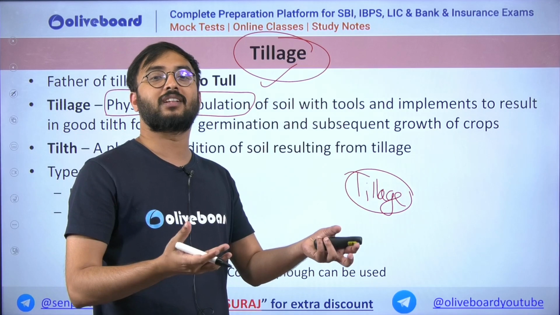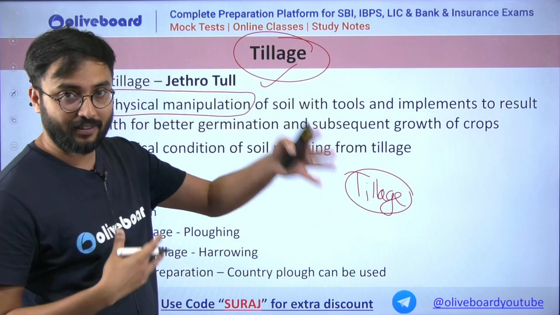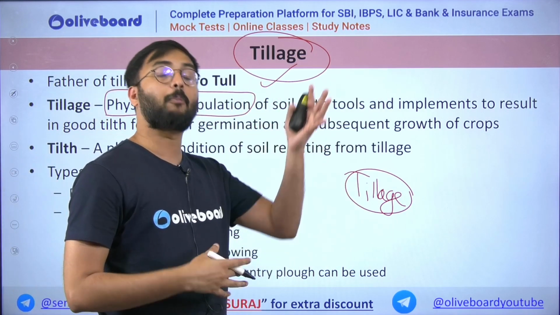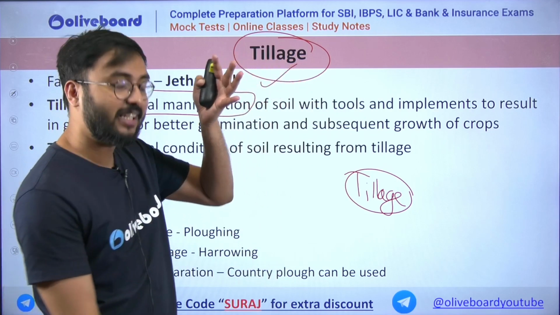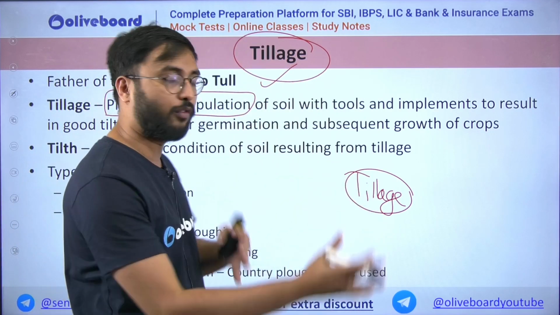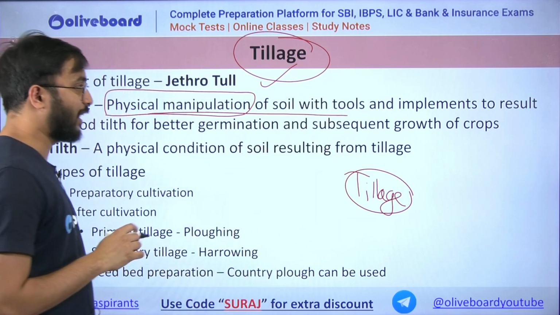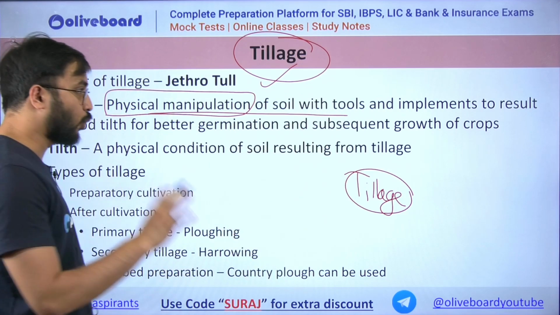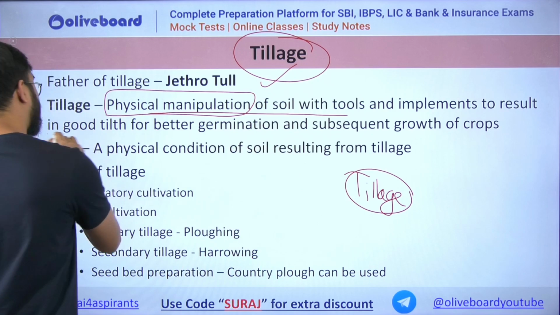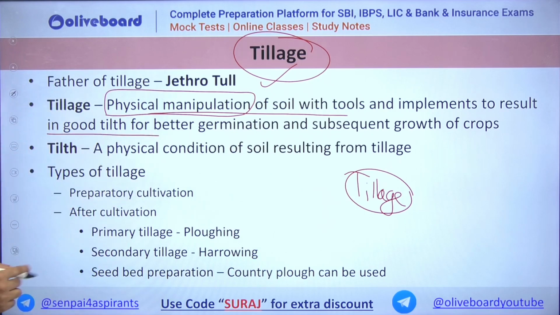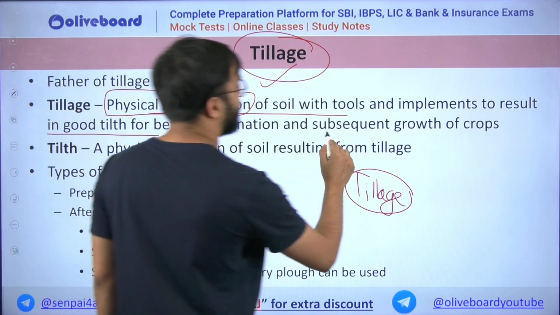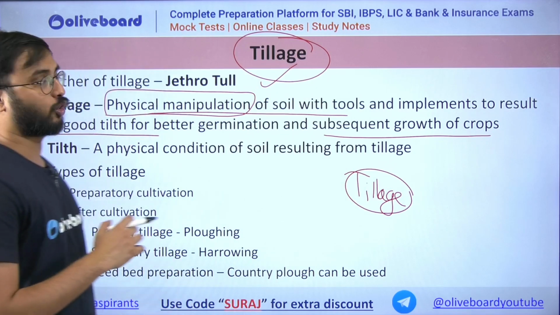Physical manipulation is nothing but intermixing of layers, upturning of the different layers of the soil, loosening of the soil. All this physical manipulation of the soil with either tools or implements results in good tilth for better germination and subsequent good growth of crops.